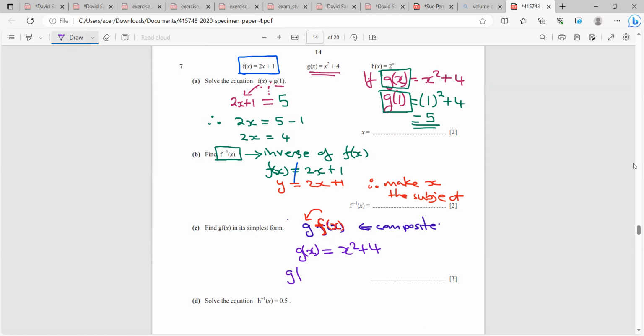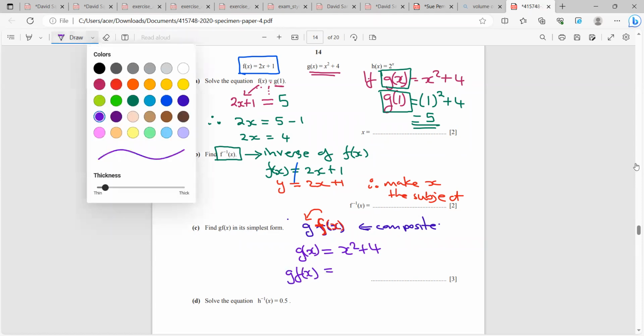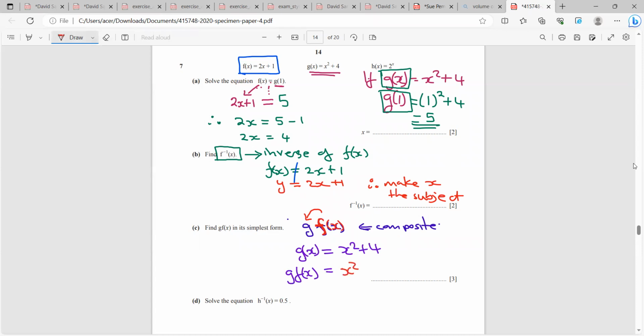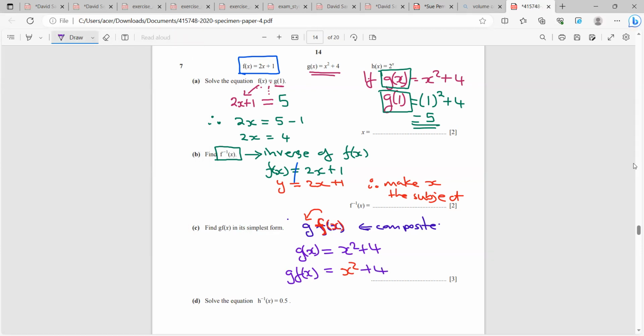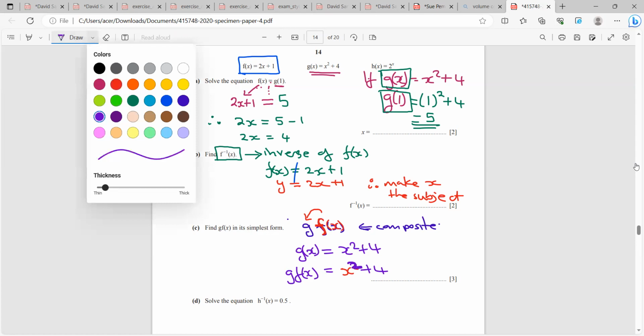So our gf of x, our child is going to replace all the x values. So our child is going to affect the x element. The 2 is not the x element. So our final answer will be something like this.